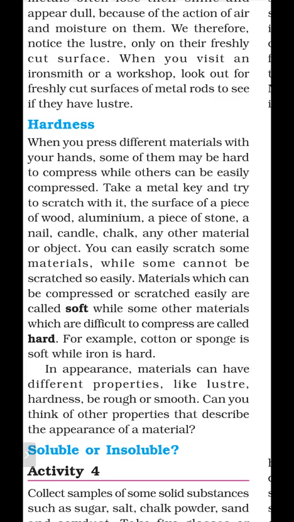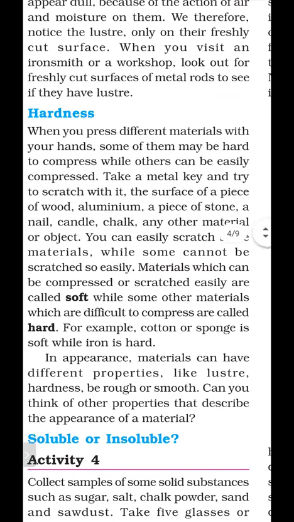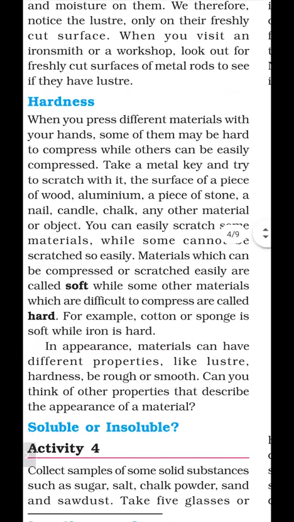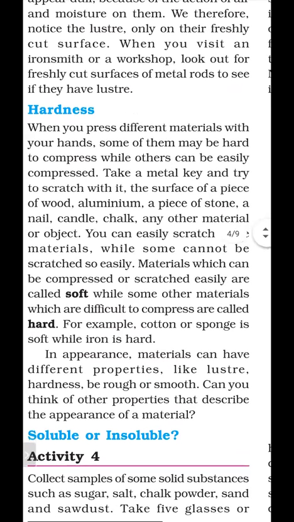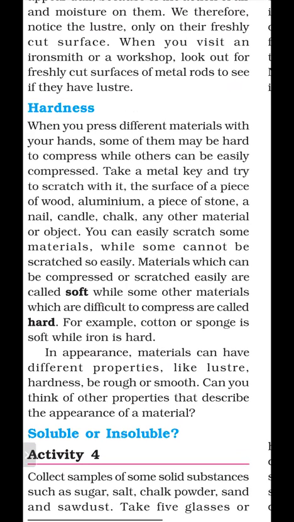In appearance, materials can have different properties like luster, hardness, and be rough or smooth. Can you think of other properties that describe the appearance of a material? As we know, the first property of the material was appearance. And what is another property?